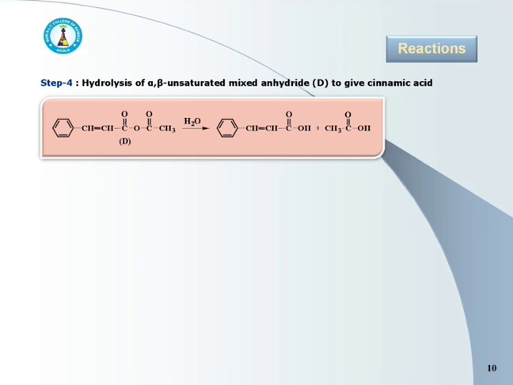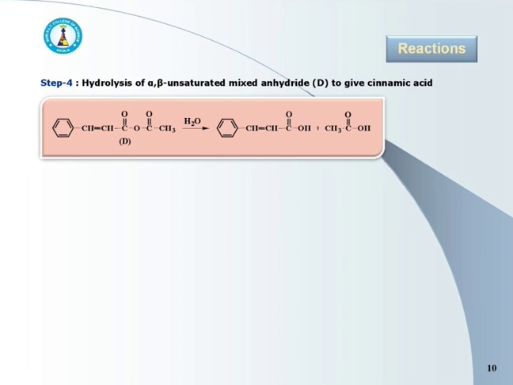The last step, that is the fourth one, is hydrolysis of alpha beta unsaturated mixed anhydride D to give cinnamic acid.